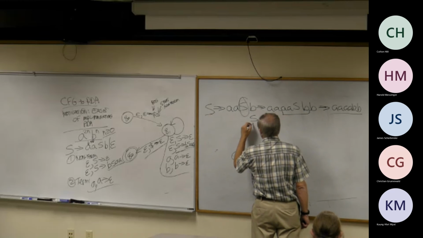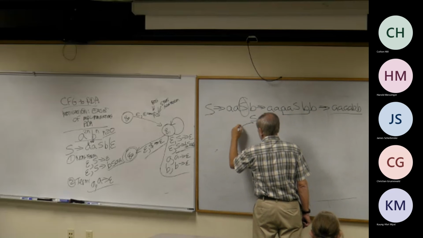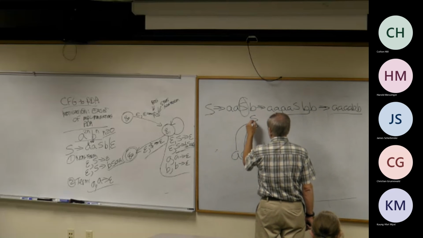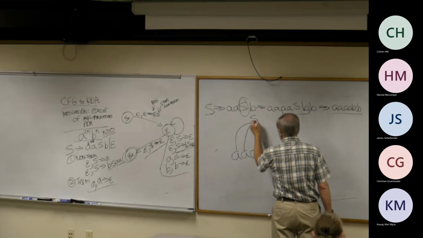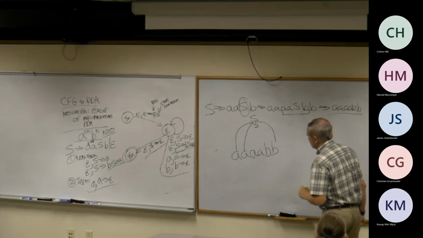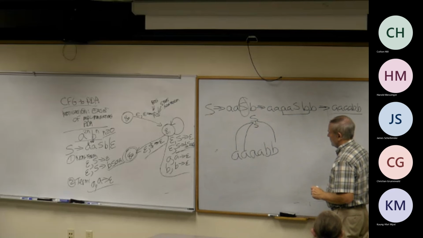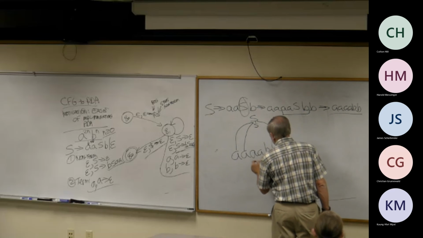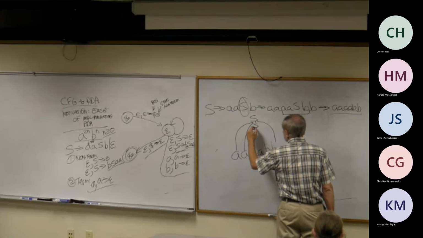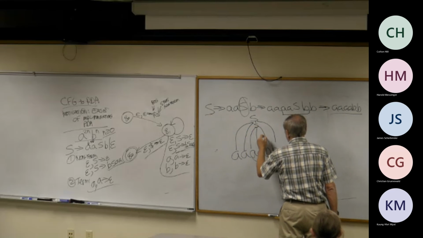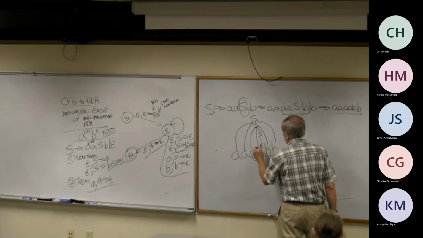So we're going to get that child, it went to an S here, and this was the child of the original one. So we're filling in the middle here. This S gave us A, and that B. We have to show that middle S went to the empty string.